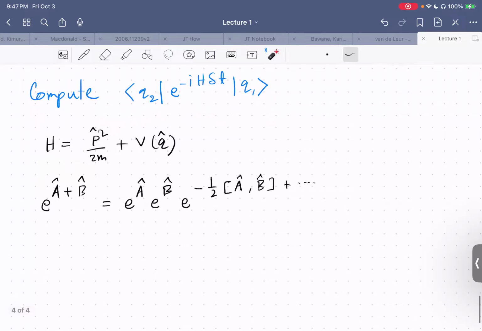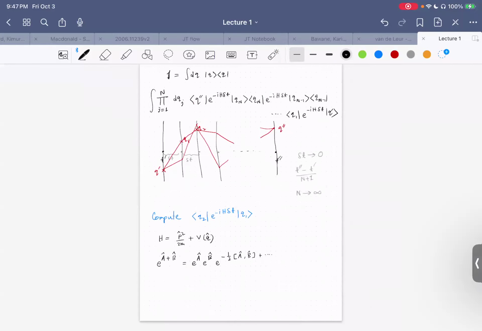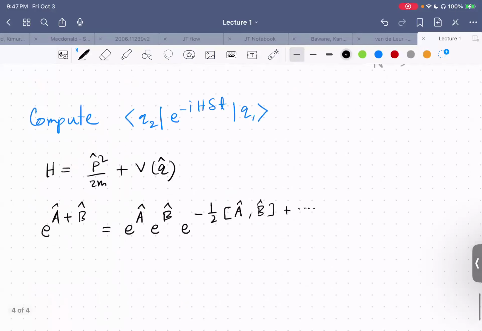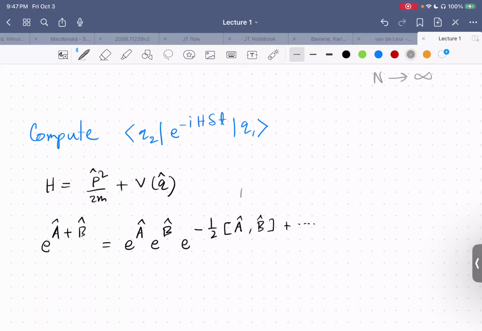Do we use the Wiles identity? No, this identity is called Baker-Campbell-Hausdorff, or if you just Google the BCH identity, you will find this.